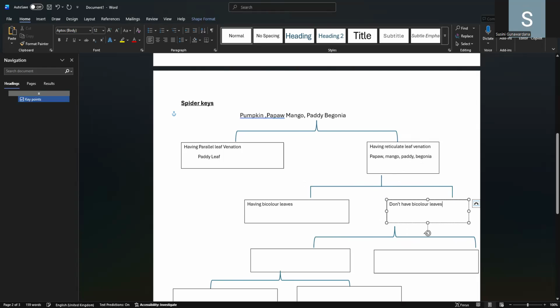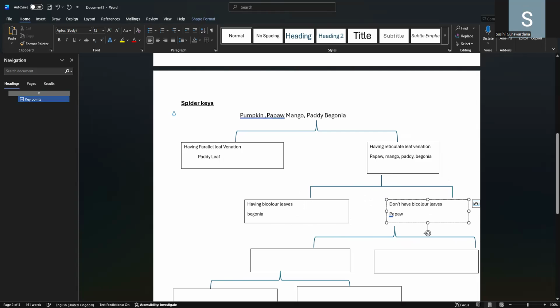Which plant has bicolor leaves? According to this, only begonia has bicolor leaves. So I will write begonia here. Can you write other things? No, you can't. So the other remaining three plants should be right under this, the ones that don't have bicolor leaves. That is apple, then mango, then pumpkin.